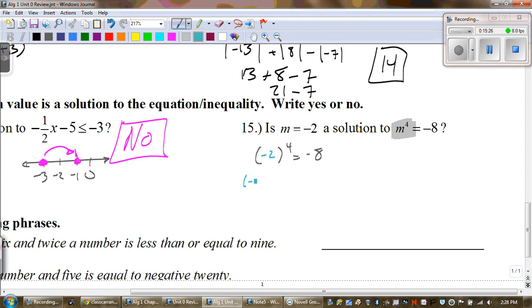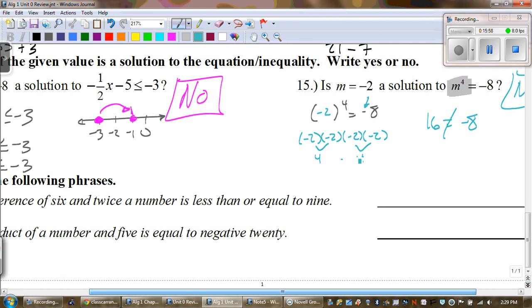Well, just remember that that's -2 times -2 times -2 times -2. So I have 4 negatives. If I have 4 negatives right away, I know my answer is positive. And they think that it's negative. So right away, I know that it's no. Okay? But when you actually solve it, you get 4, and 4 times 4 is 16. So does 16 equal -8? It does not.